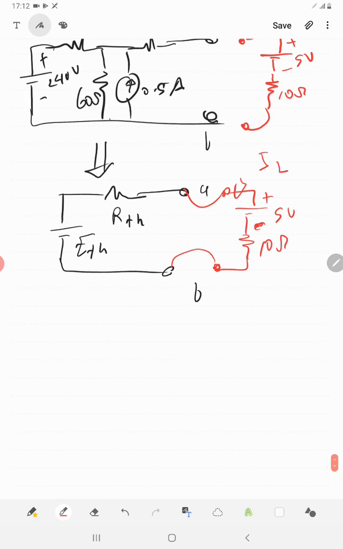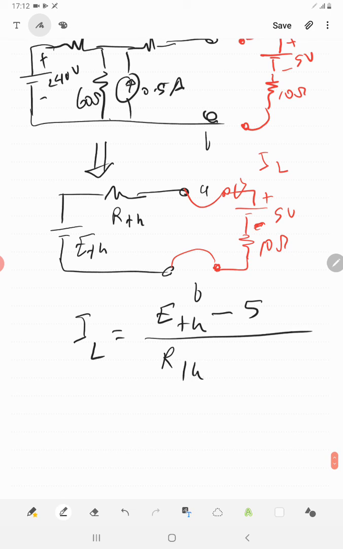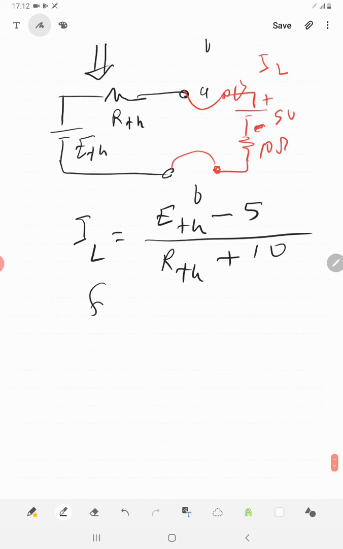Okay, so what is I load here? If you look at it, I load simply will be E Thevenin minus 5 divided by R Thevenin plus 10.